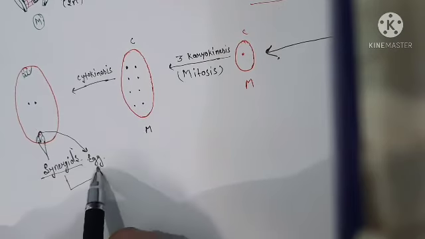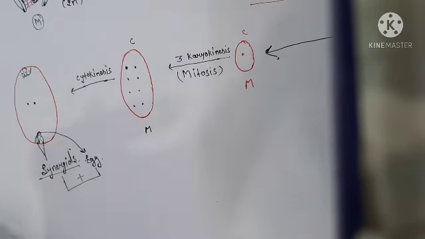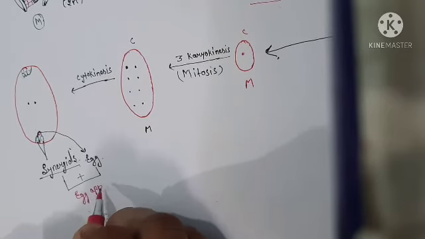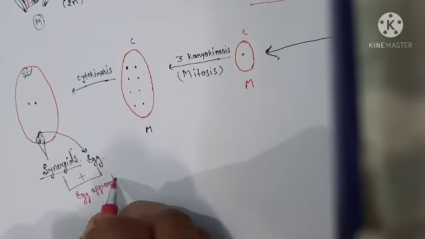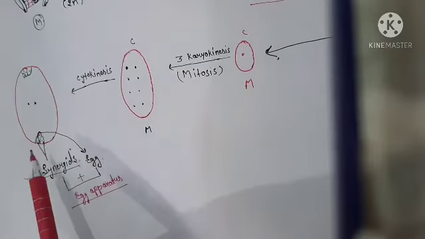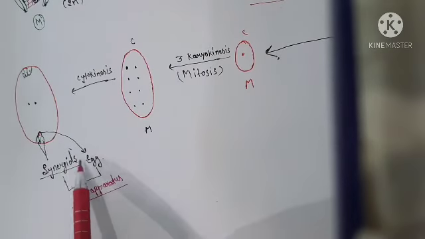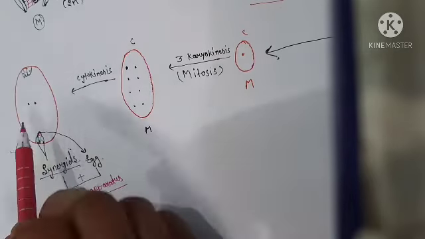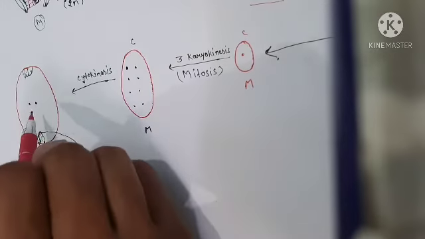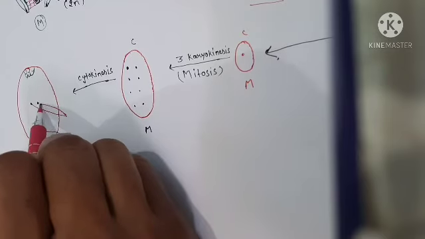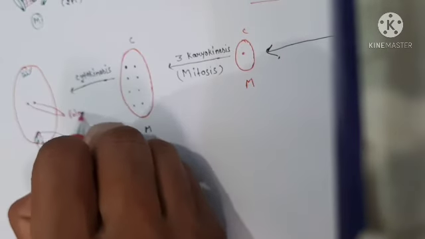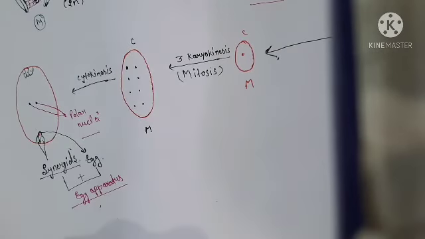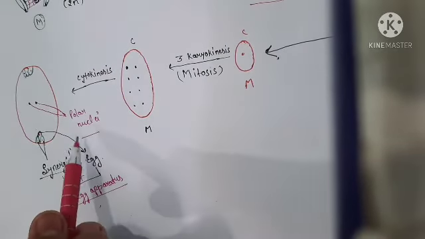The egg and synergids collectively are called the egg apparatus. Okay friends, two cells are called synergids, the upper one cell is called the egg, and synergids and egg collectively are called the egg apparatus. Now these two nuclei are called polar nuclei.